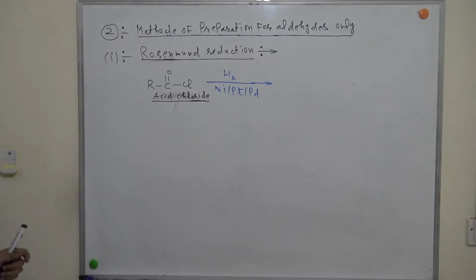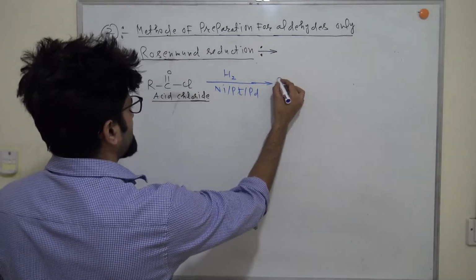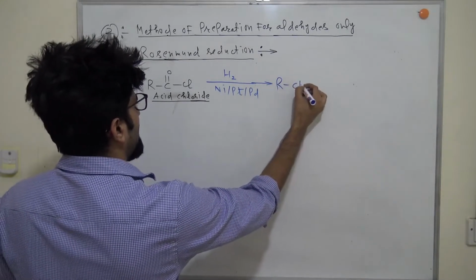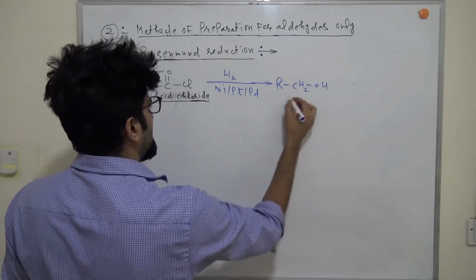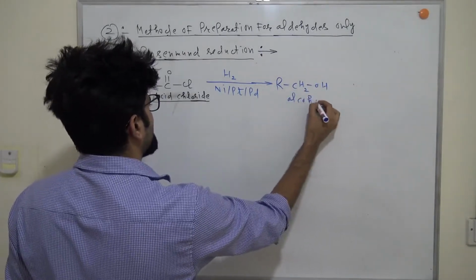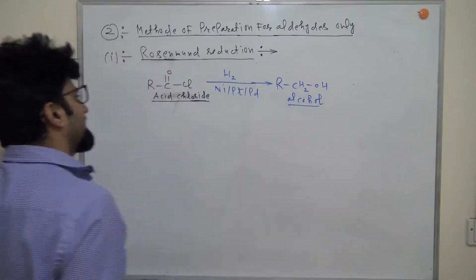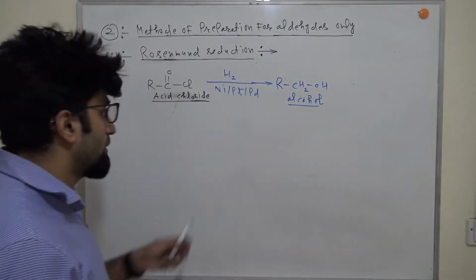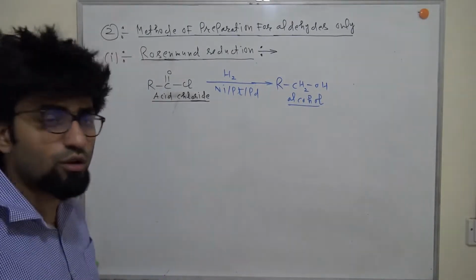So if you do that, we will get RCH2OH, alcohol. If you do its reduction directly with H2/Pt, H2/Ni/Pt/Pd, we will get alcohol.